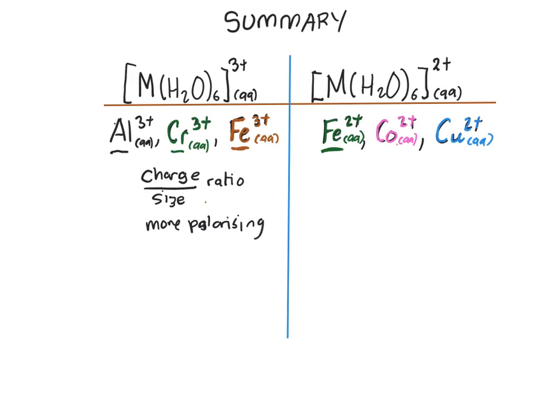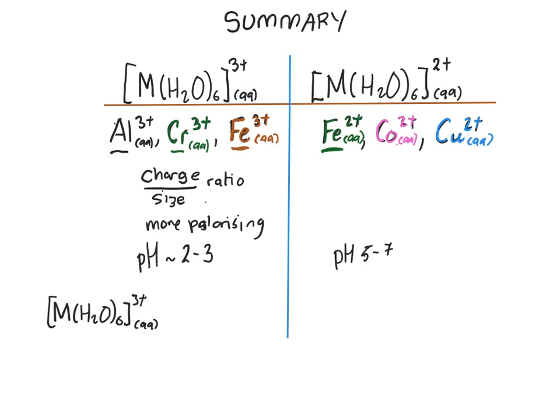The pH was roughly about 2 to 3, whereas the 2 ions are much less acidic and therefore they're not polarizing, so their pHs are roughly around 5 to 7. And the biggest teller was the reaction with the carbonate.